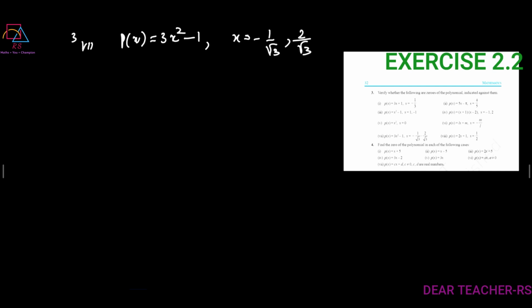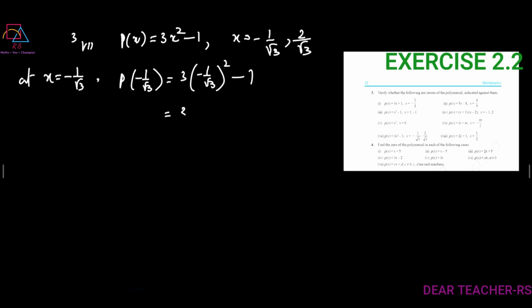Let us test at x is equal to minus 1 by root 3. So then what happens? p of minus 1 by root 3. I am replacing x with minus 1 by root 3. So 3 into (minus 1 by root 3) whole square minus 1. Minus square is plus, and 1 square is 1, root 3 square is 3.